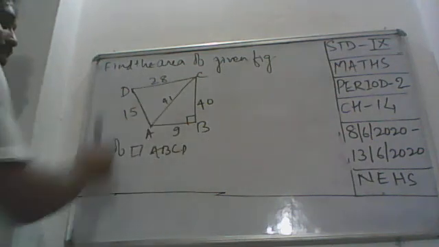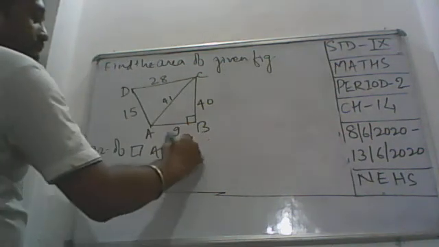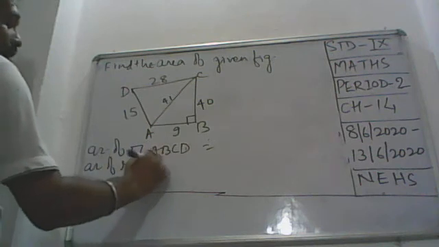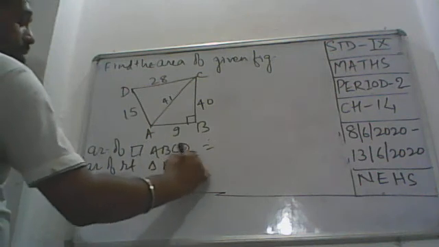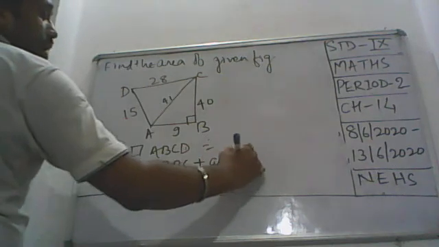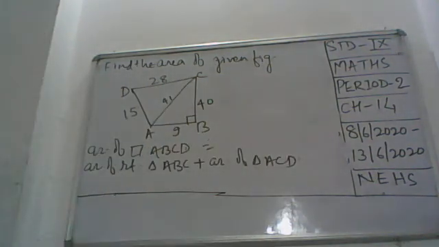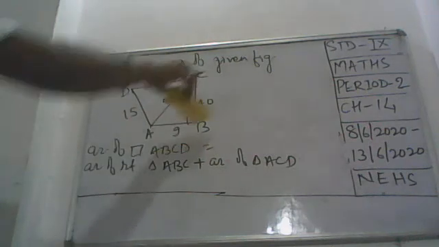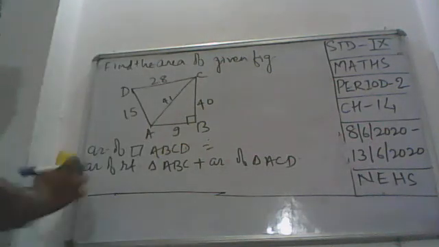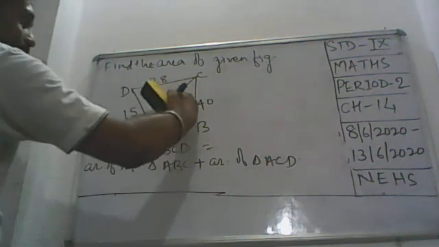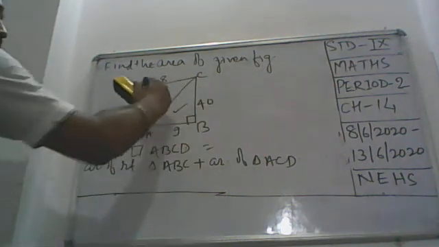One is right triangle, one is scalene triangle. So area of ABCD is equal to area of right triangle ABC plus area of triangle ACD. Okay, so now I will not erase this figure, but I will erase these lines and then we'll see how it can be solved. So what is that area of triangle? Right triangle. This one is the right triangle and this one is the scalene triangle.